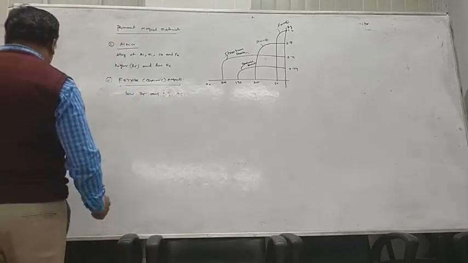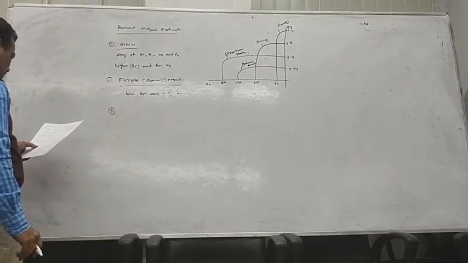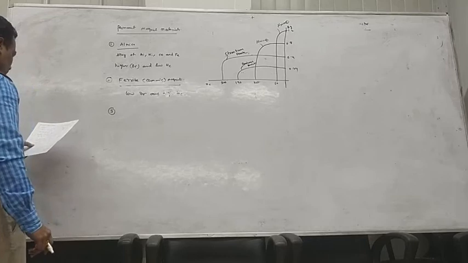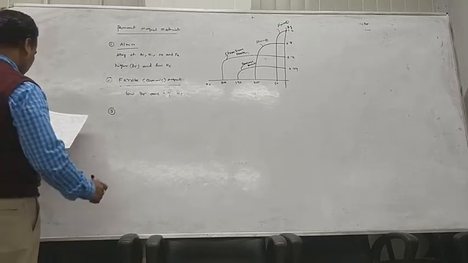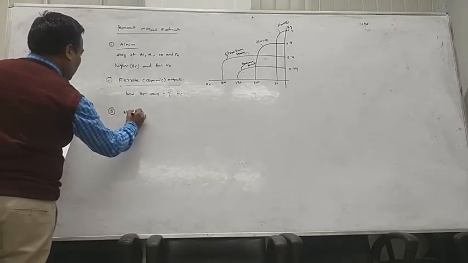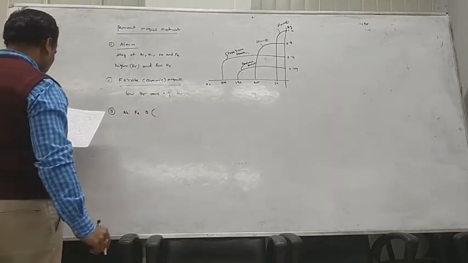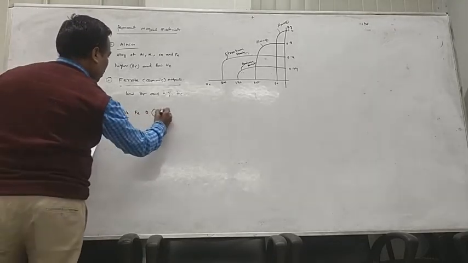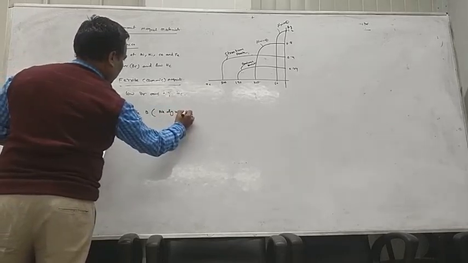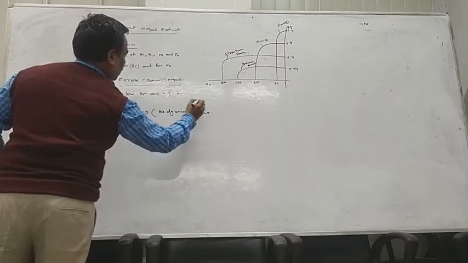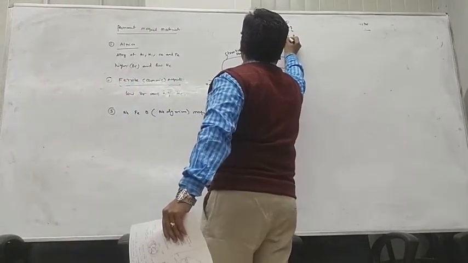And there is a third permanent magnetic material, that is Nd, Fe and B. So this is the neodymium magnet, and it is a rare material.